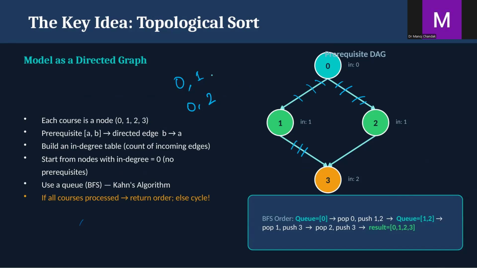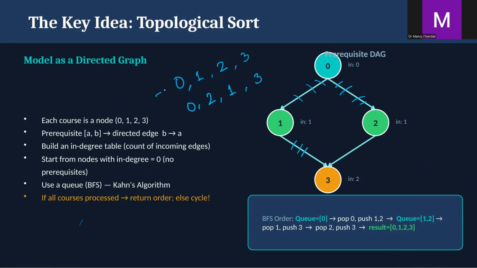Now, can I take course 3 after course 1? That is the question. Since I still have one prerequisite for course 3 coming from course 2, I cannot take course 3 unless I finish course 2. So after node 1, I can take node 2, or after node 2, I can take node 1. And after finishing these two, only then can I take node 3.